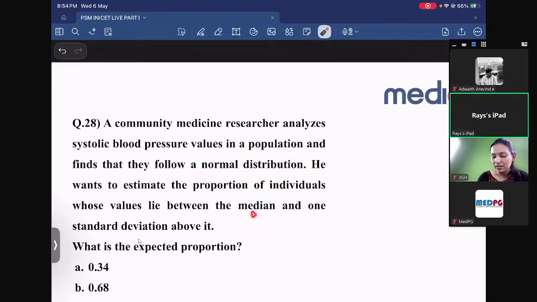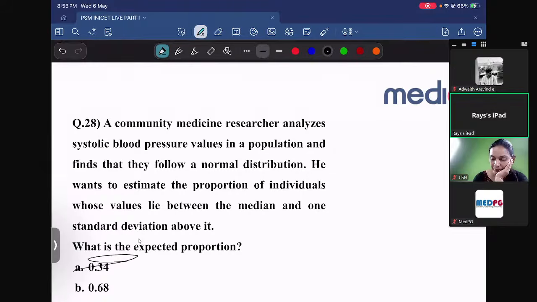So when they ask median plus one standard deviation, they are just asking about the mean plus one standard deviation. Mean plus and minus one standard deviation is 68%, so mean plus one standard deviation will be half of that, which is 34%. So here the answer is 34.